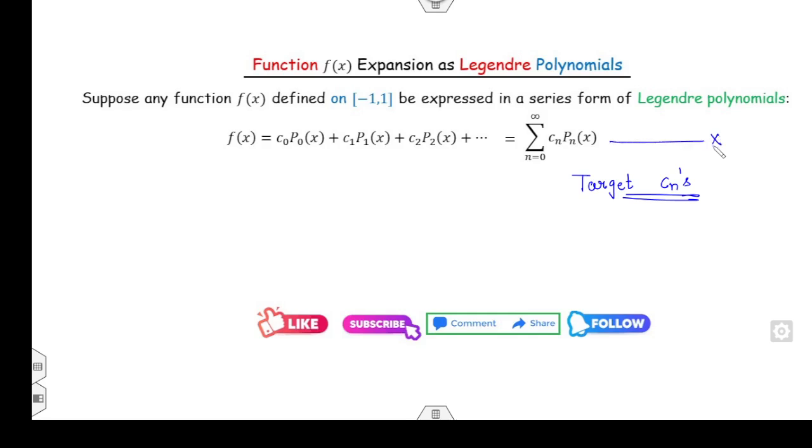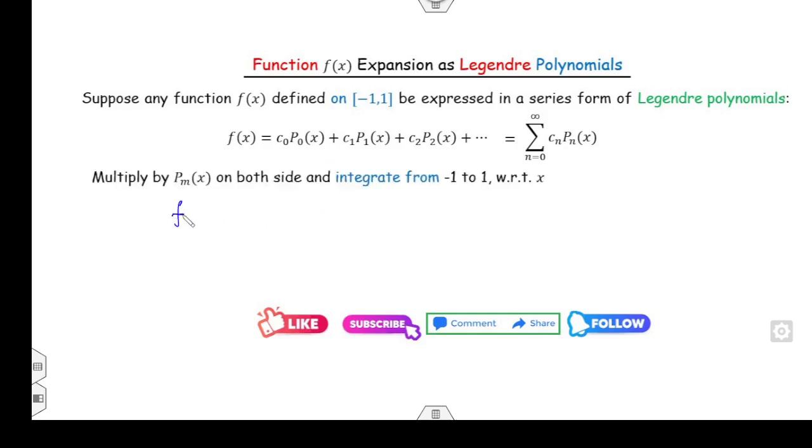So what I can do is multiply the equation star by the Legendre polynomial P_m(x) and then integrate from -1 to +1. Now since I am integrating with respect to x, c_n and the summation are constants, so I can take them outside of the integration and then integrate from -1 to +1.